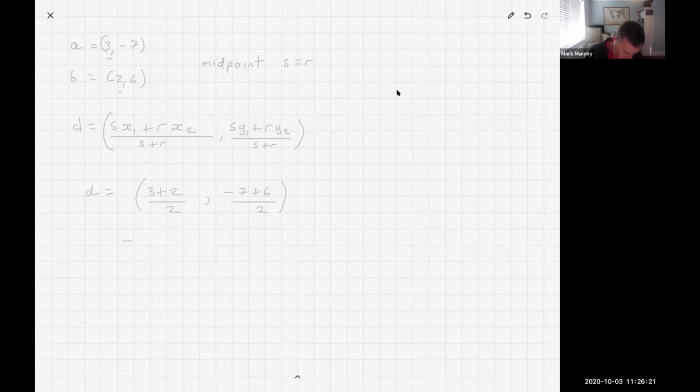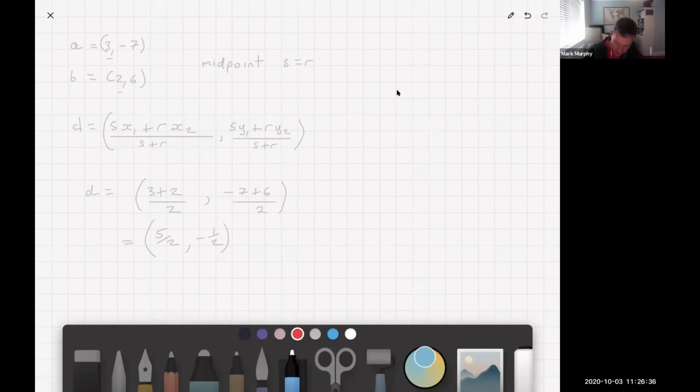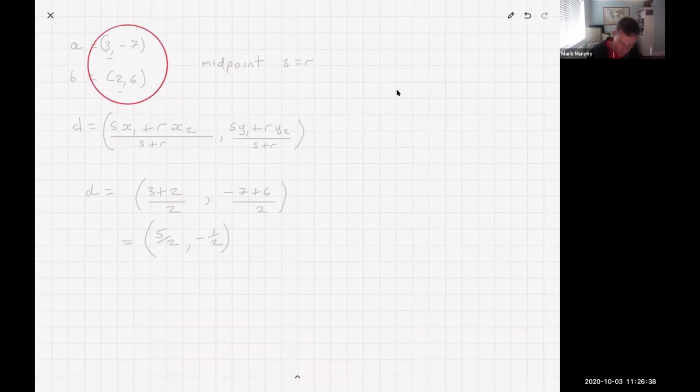So that's equal to 5 over 2 and a half, minus a half. So in other words, if you're given these 2 points, that's the midpoint between them, okay? That's just an example of that, right?